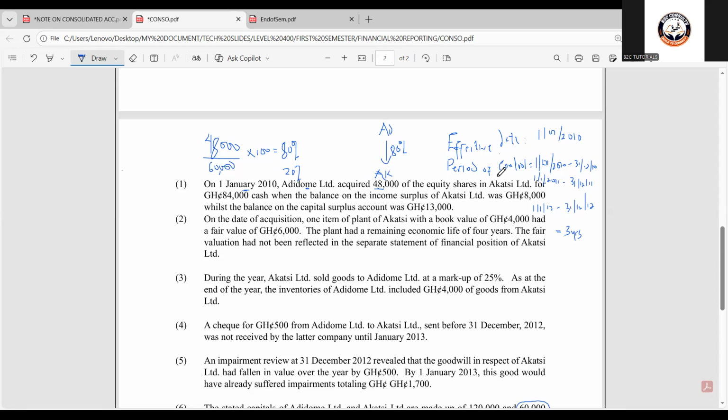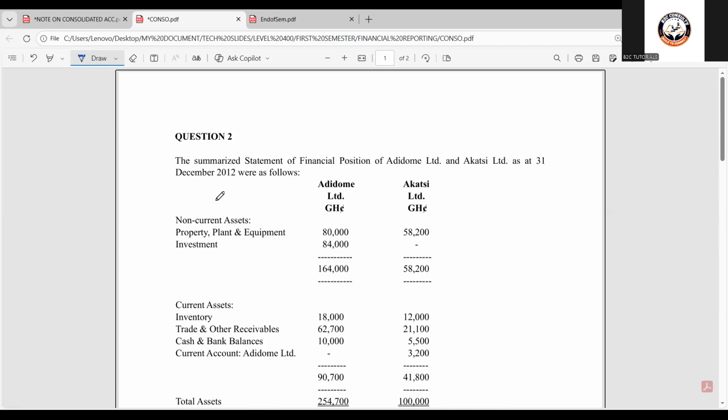Okay. Now, the next step is that they said you actually paid cash here. You can see that the consideration was so clear. The consideration they paid was stated to be in cash, and it was 84,000. And you can see some investment in the question. Adidome did some investment of 84,000. So once you open the parenthesis and write 84,000, go and deduct the 84,000.